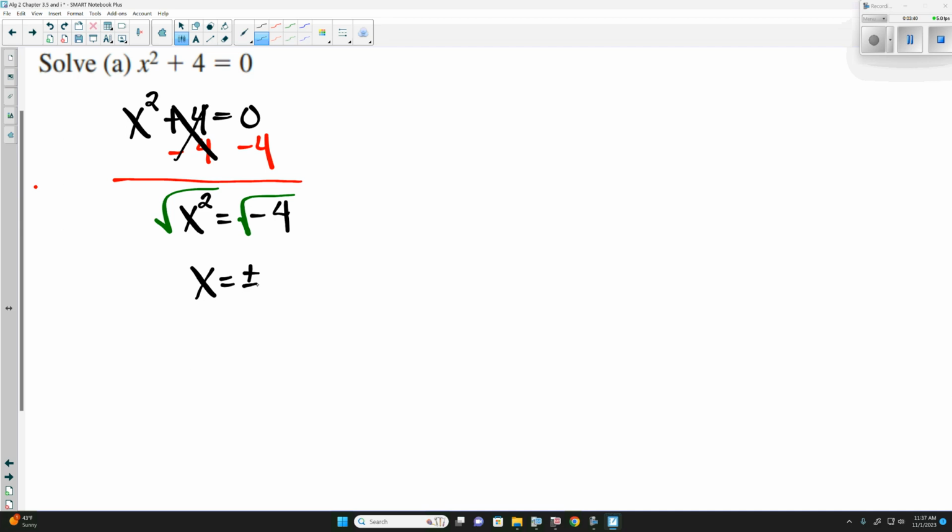Now, since chapter 3.4, we can, because we know the negative part of this radical is going to come out as i, because i, as we found out the other day, by definition, is the square root of negative 1. So the negative part of this square root comes out as i, leaving us with the square root of 4, which is 2. So the square root of negative 4 is 2i, and our solution is plus or minus 2i.